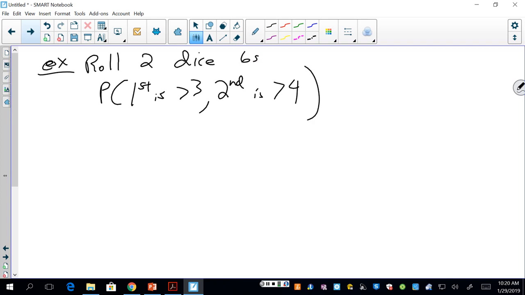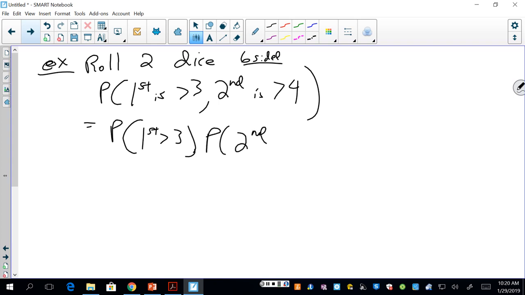And let's say these are 6-sided dice. If there's no interaction between these two things and they're independent of one another, it's very reasonable to say that the probability that both of these things happen is just the product of those two probabilities.